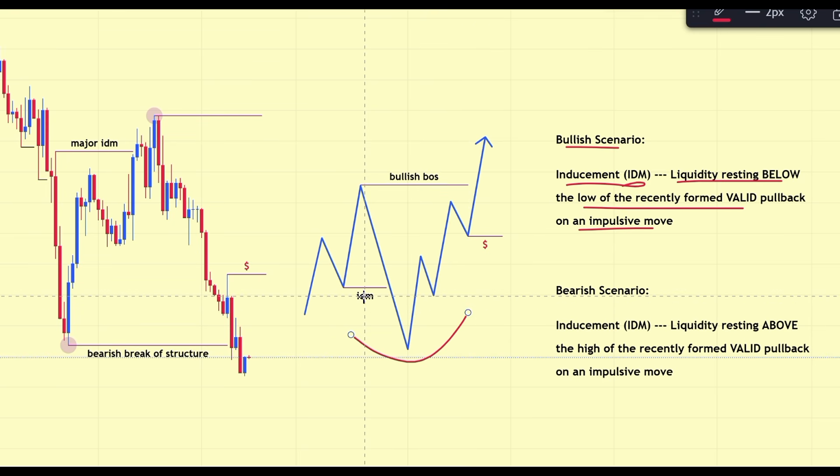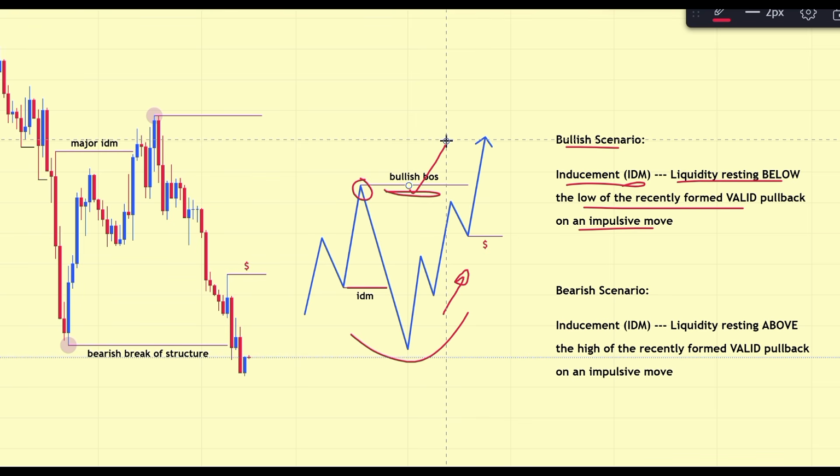We can clearly see that once price has taken out the inducement, in this case it doesn't matter, it can be a minor inducement or a major inducement, this high right here becomes a valid swing point, such that once price reverses now and breaks past this high, then this one here is a confirmed valid bullish BOS, that is in a bullish scenario.